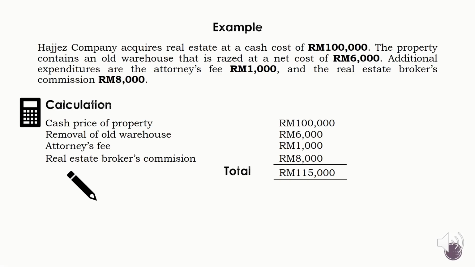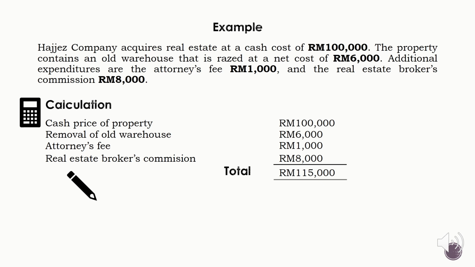This company acquired real estate at a cash cost of 100,000 ringgit. The property contains an old warehouse that is razed at the net cost of 6,000. Additional expenditures are attorney fees 1,000 and the real estate broker's commission 8,000.